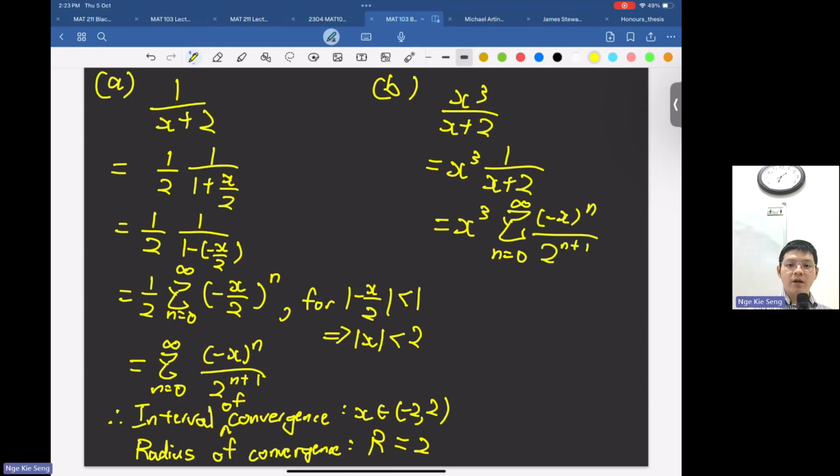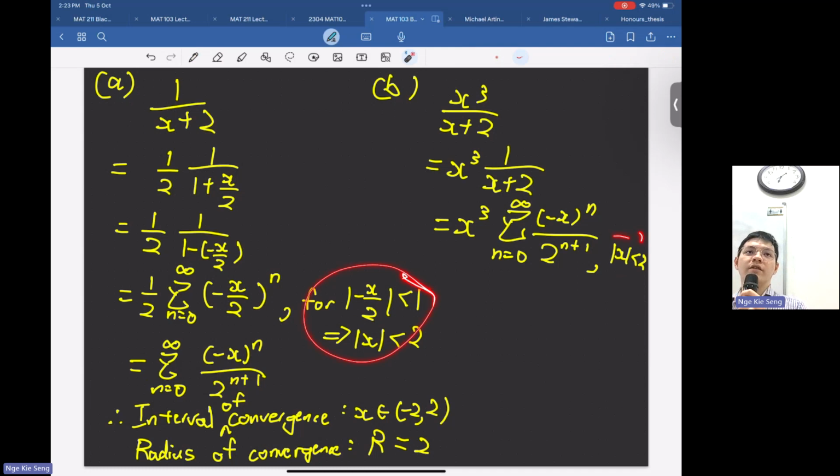You should also inherit the radius of convergence. Where did I put this condition? Whenever I go to the series, I put the condition here.